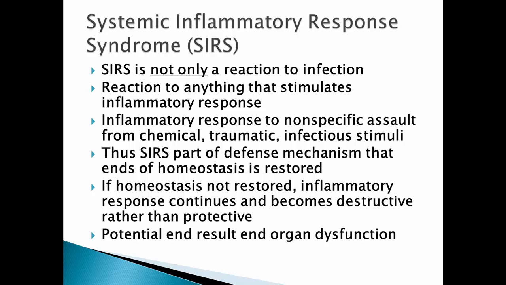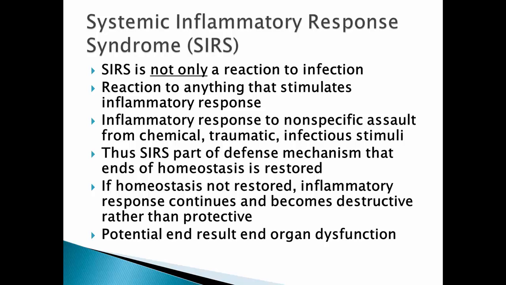The inflammatory response is to nonspecific assaults from chemical, traumatic, and infectious stimuli. So it can be a variety of stimuli. Again, the importance of SIRS is that it's a reaction to anything that stimulates the inflammatory response.